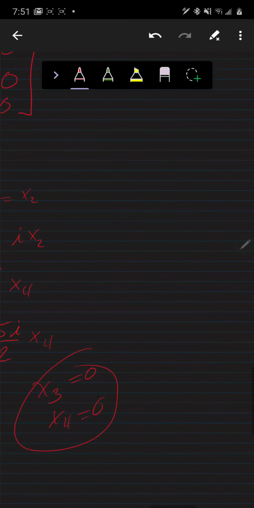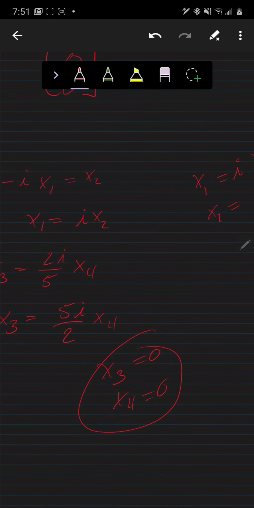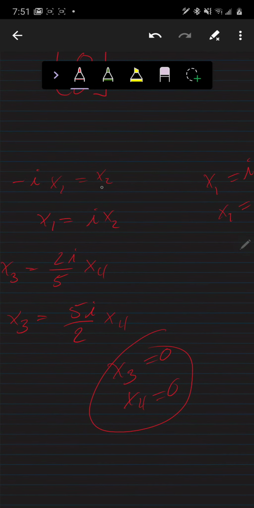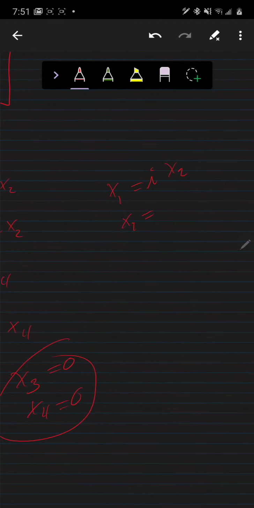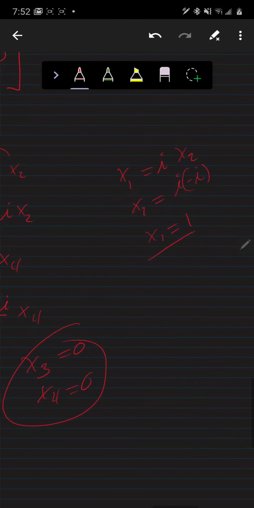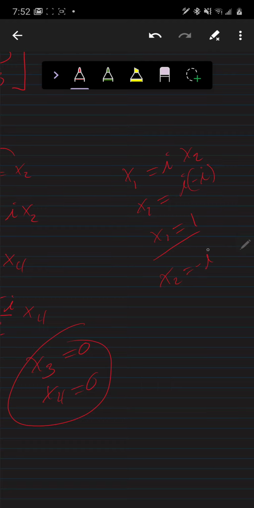Now for this one, x1 equals i x2. So we're going to try to find x1. We know that x2 equals negative i, so it's i times negative i, which is 1. x1 will be 1. And then if we plug in x1 in here, x2 will be negative i.